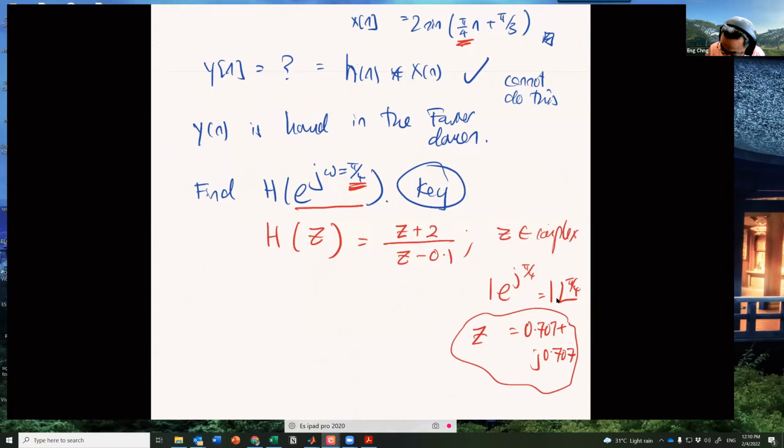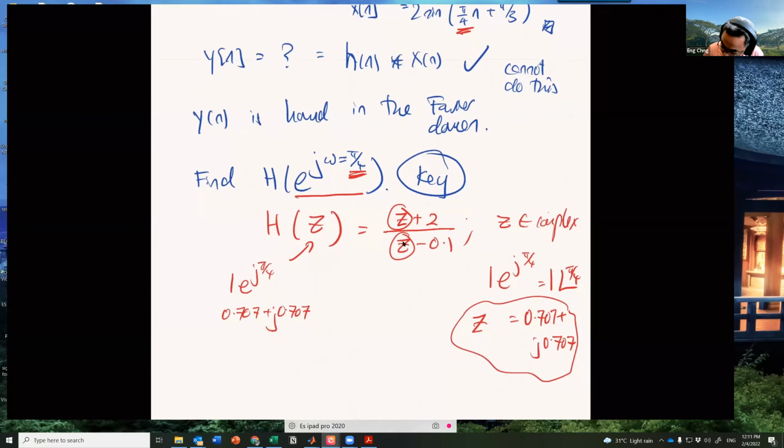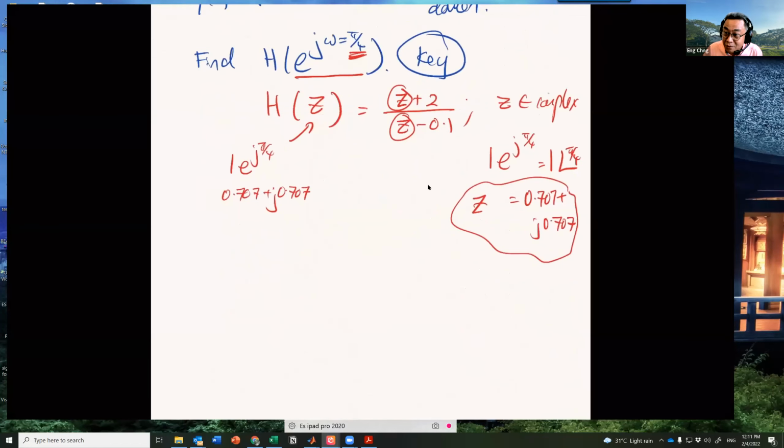I substitute z equals 1 e^(jπ/4), or if you want, 0.707 plus j 0.707, up to you. Of course, if your calculator is like mine, I can plug in polar form and solve it, which is very nice. But your calculator, I guess, can only deal with rectangular form.